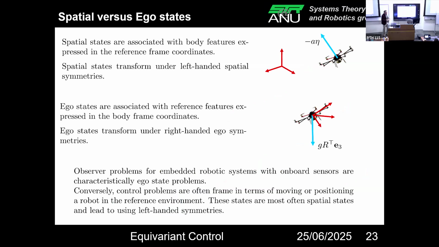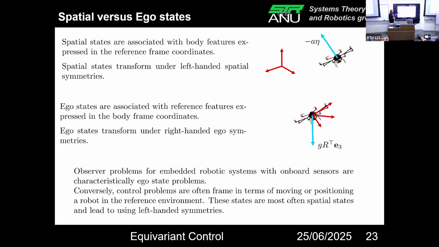All right, so the first thing is this left-right, okay? Left and right. This problem is a spatial variable. So when I say eta and I want it to point in a certain direction, I've got a reference frame on the ground and an eta direction. This eta is written in spatial coordinates and it's the direction that I want to go, as an observer sitting on the reference frame looking at the vehicle moving, right?